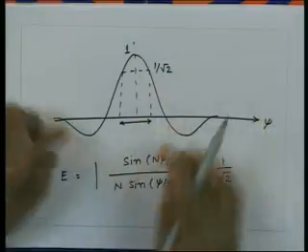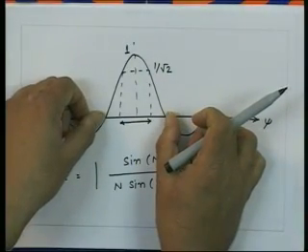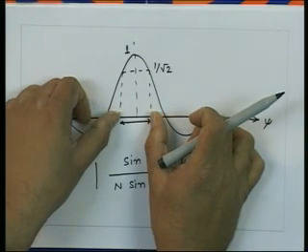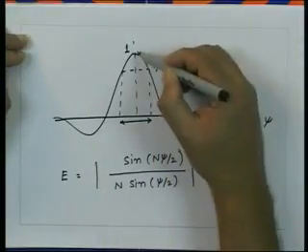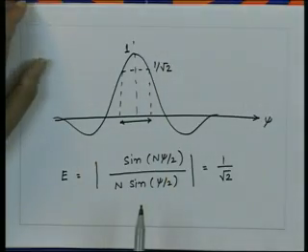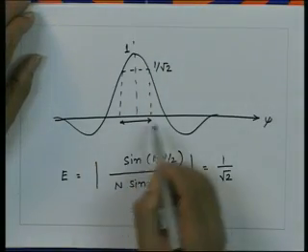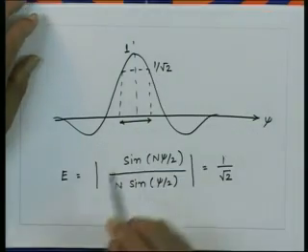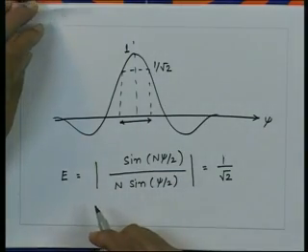Essentially, the width between the first nulls around the maximum radiation will be approximately double the half power beam width if this function is approximated by a linear function. And finding the direction of null is much easier than finding the direction where the function reduces to 1 over root 2 of its maximum value.